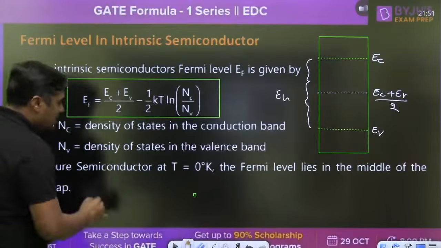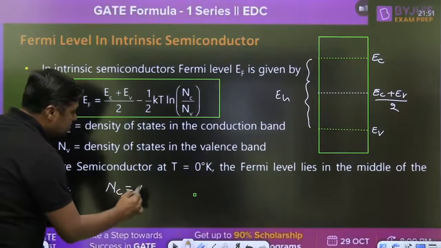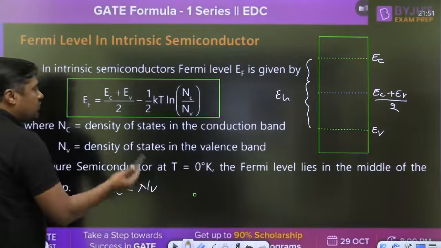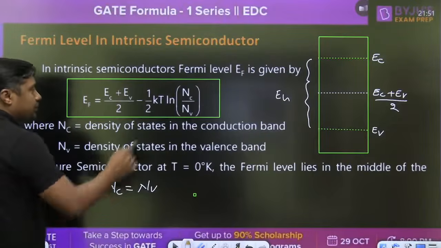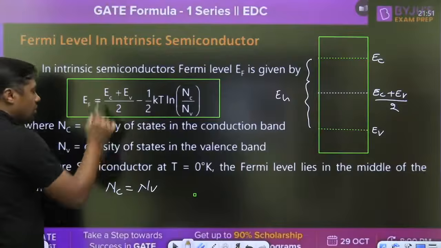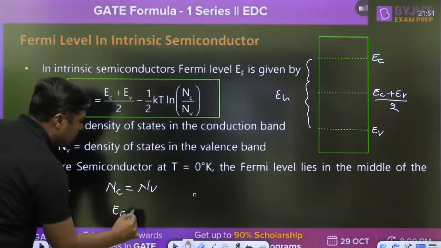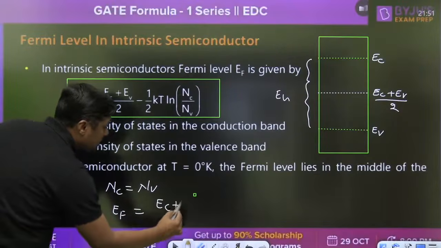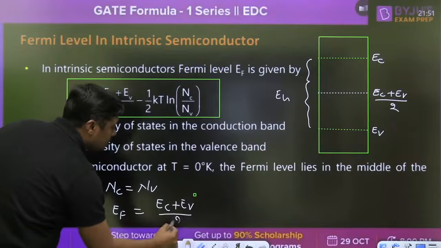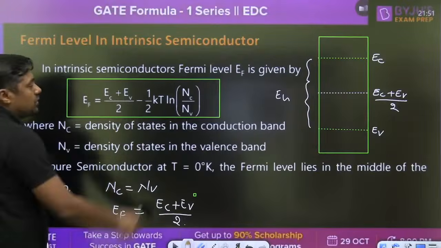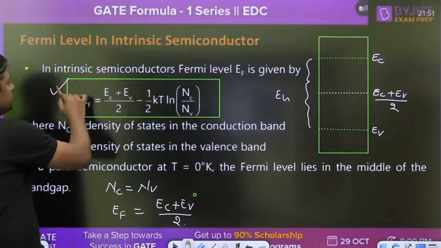But normally in numericals Nc or Nv is given. When the effective masses of electron and holes are equal, the log of 1 will become 0. In that case, Ef is equal to (Ec plus Ev) by 2. Remember this formula, this is an important one.